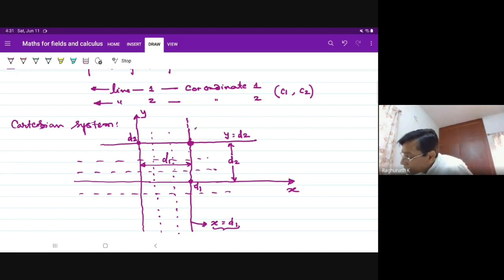And the coordinate of this point is d1, d2. It is the point of intersection of two mutually perpendicular lines. One parallel to y-axis, giving the x coordinate. Another parallel to x-axis, giving the y coordinate. Check it.